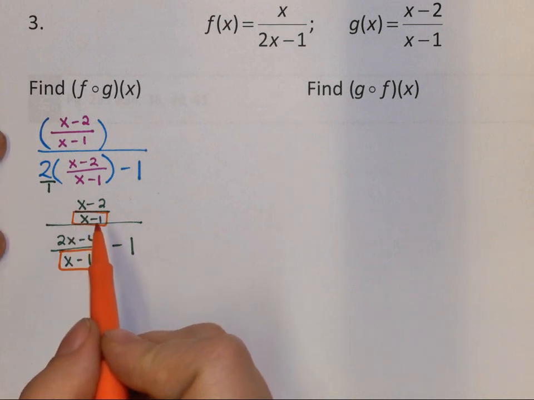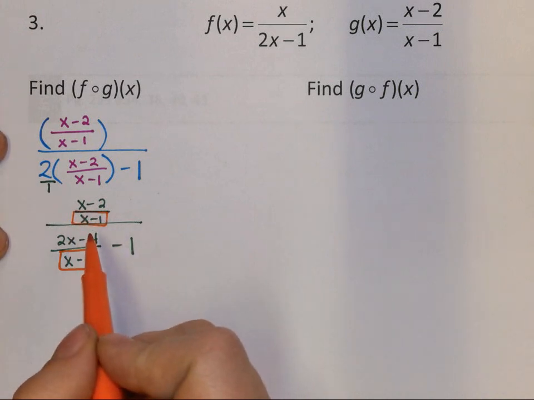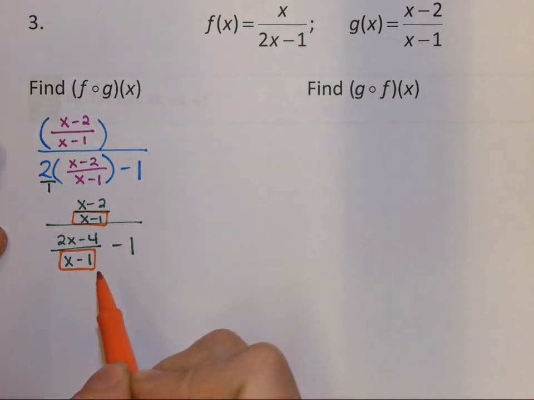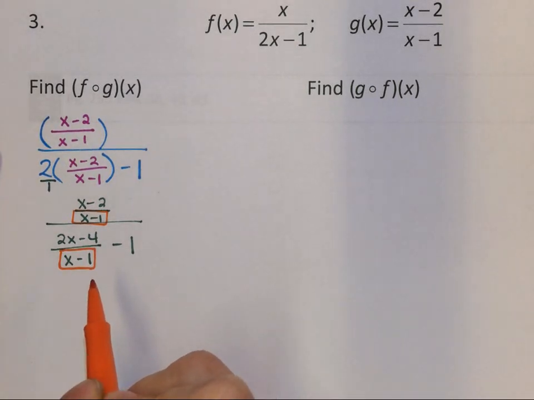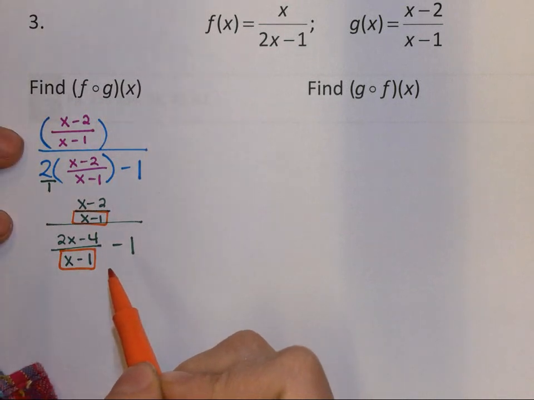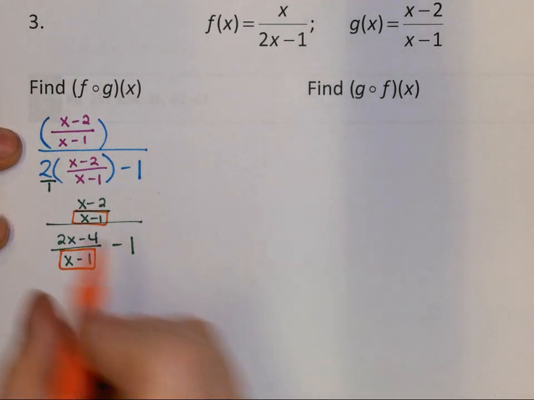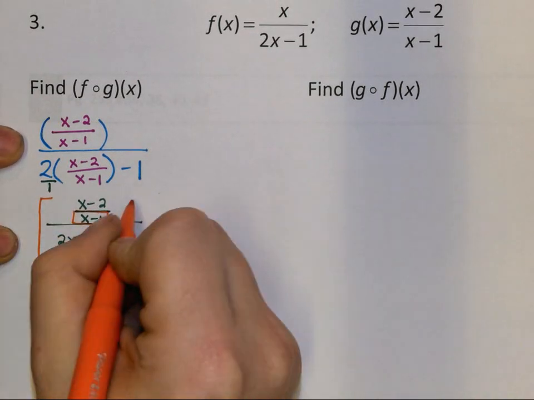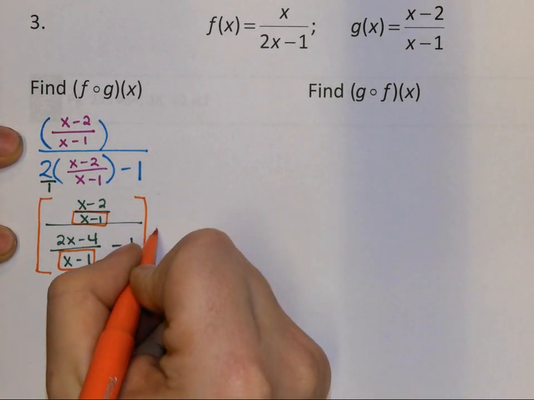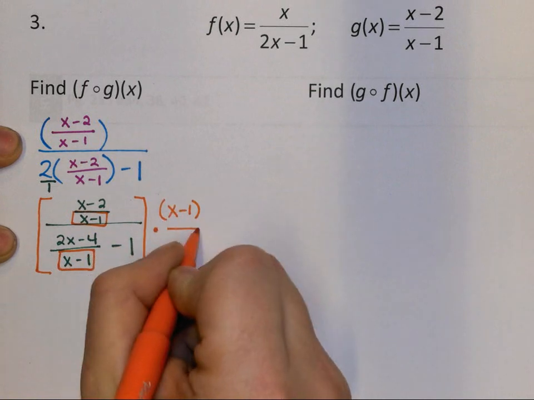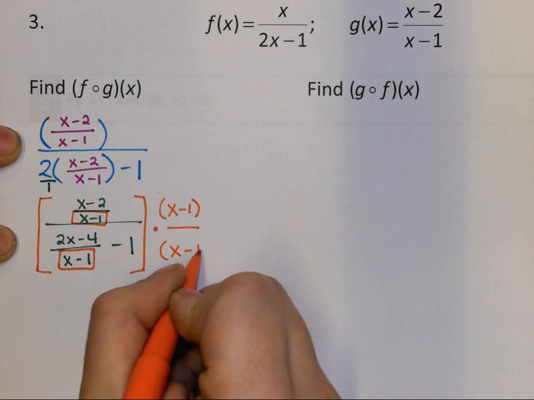What we can do here is, if we have a fraction within a fraction, look at all of the denominators in your fraction and ask what the common denominator would be. What would the common denominator be here? x minus 1. So I'm going to take this whole kit and caboodle, and multiply all of the top by x minus 1 and all of the bottom by x minus 1.